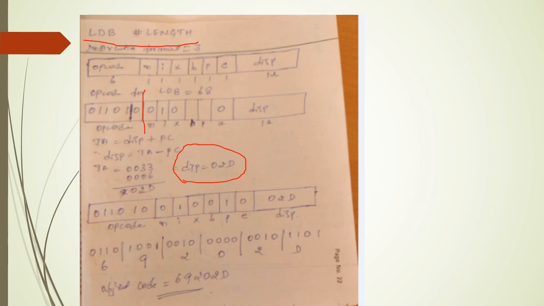So now the opcode is 0110 10. The n value is 0, the i value is 1 because it is immediate. The x value is 0.